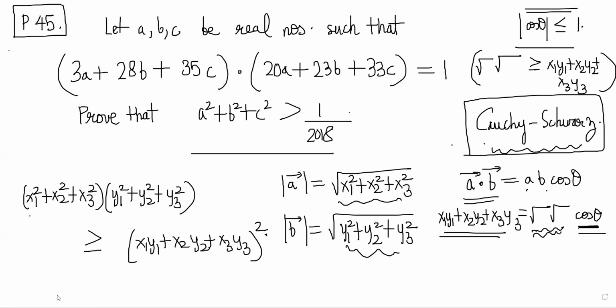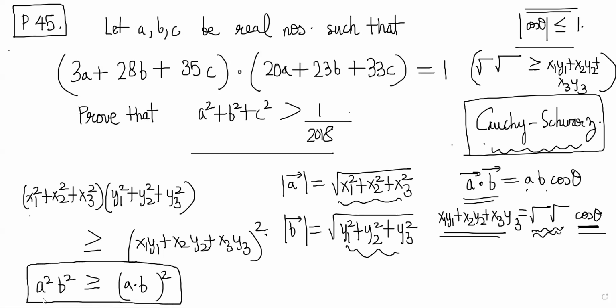Which is another way of saying that a square b square is greater than or equal to a dot b square, which is obvious, right? If you think of vectors, this is obvious.